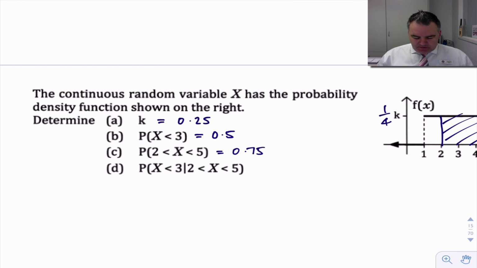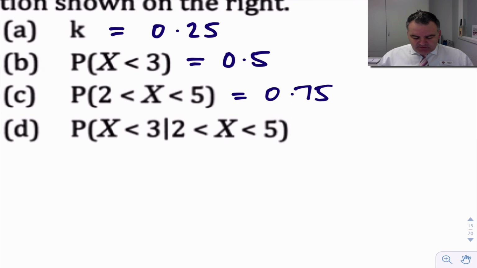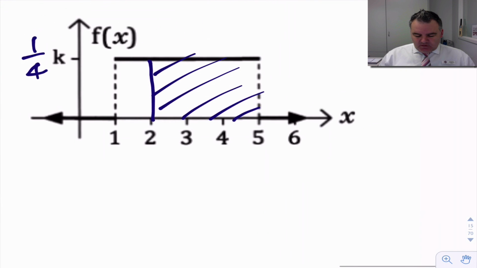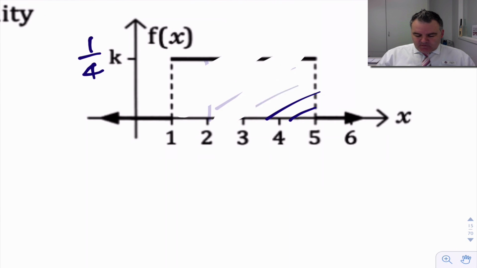And the conditional probability one, what's the chance that x is less than 3 given that it's between 2 and 5? Okay, so given that we know it's between 2 and 5, so we know the bottom line is 0.75. Remember, the top line here has got to be what's common to being less than 3 and between 2 and 5. Okay, so let's draw this out.